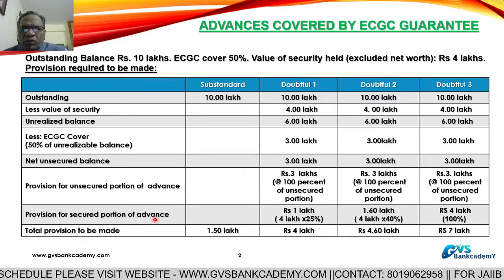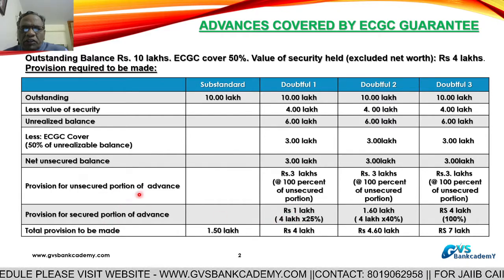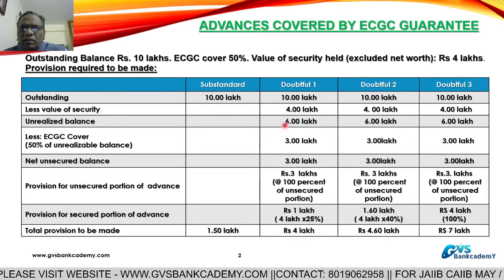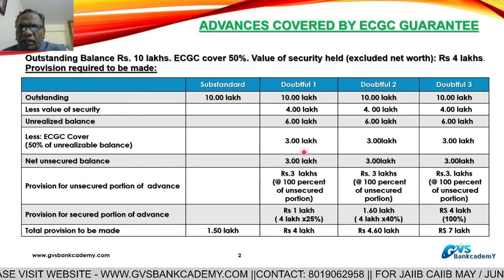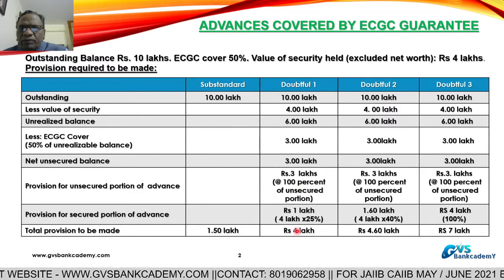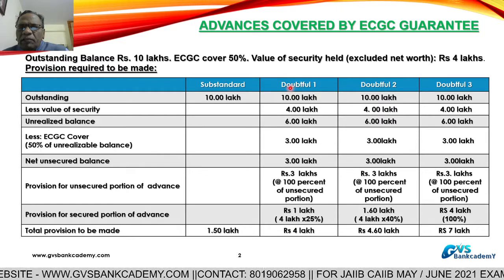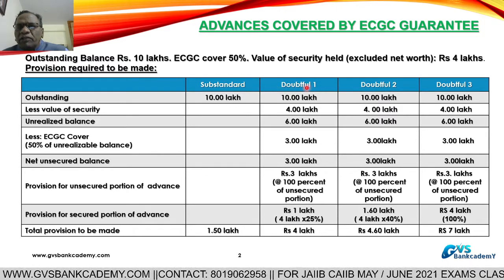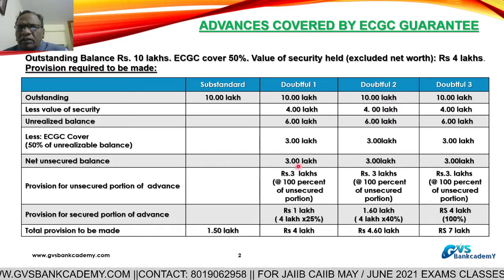On the secured portion 1 lakh and the unsecured portion 3 lakhs, the total provision in the doubtful 1 category in this account is 4 lakhs. Doubtful 1 means the second year of NPA.